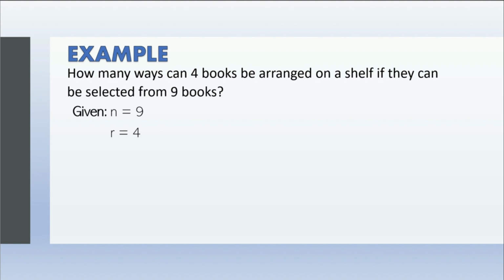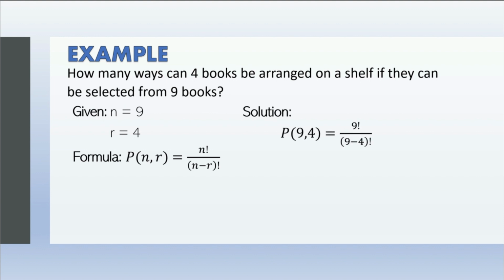R is equal to 4. And again, we are going to use the permutation formula. Substituting the values of n and r into the formula, we have the permutation of 9 objects taken 4 at a time is equal to 9 factorial over 9 minus 4 factorial.